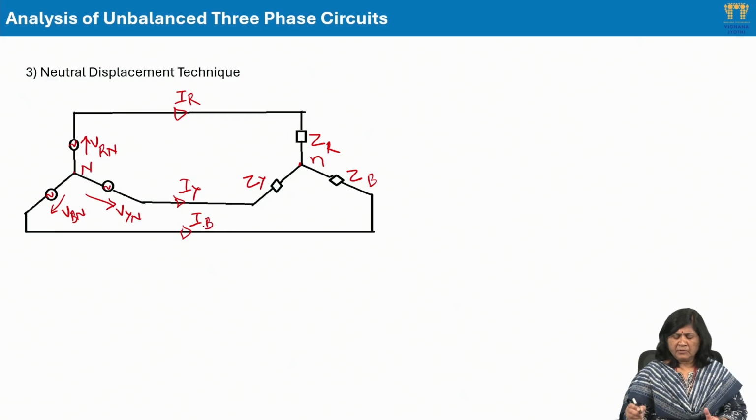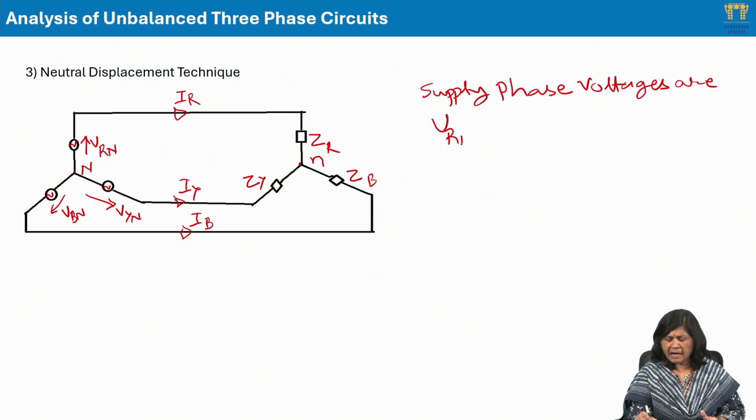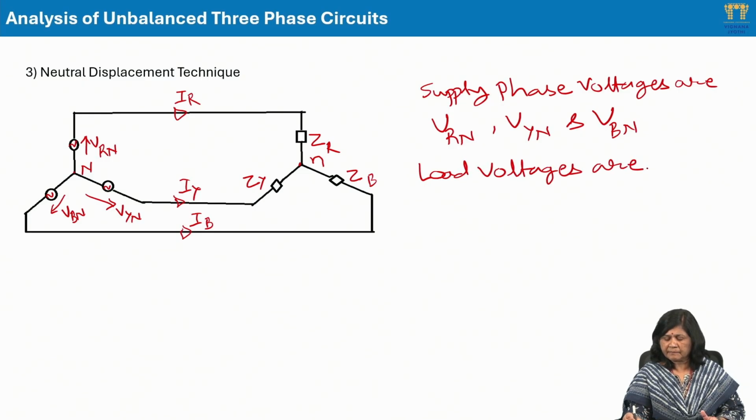So what we will do here: the supply phase voltages are VRN, VYN and VBN, but my load voltages are VRn, VYn and VBn.